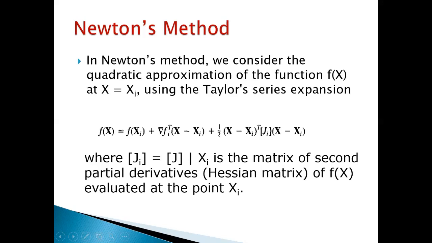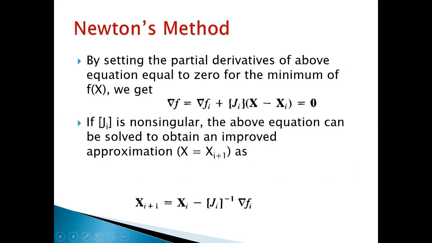This is the Taylor series expansion equation for a function of x. It depends on the function f(xi) plus the transpose of the gradient of f(xi) times (x minus xi) plus half, and so on. So this is the equation that we use.